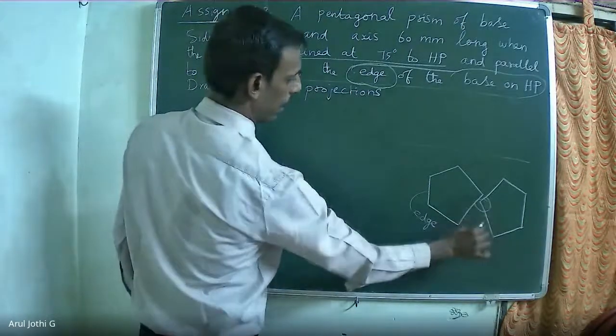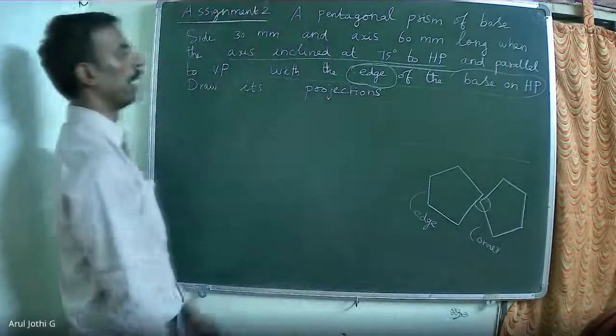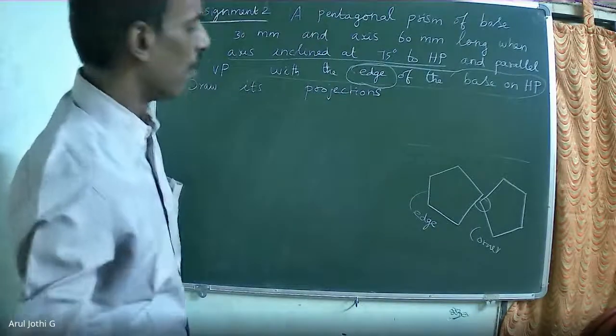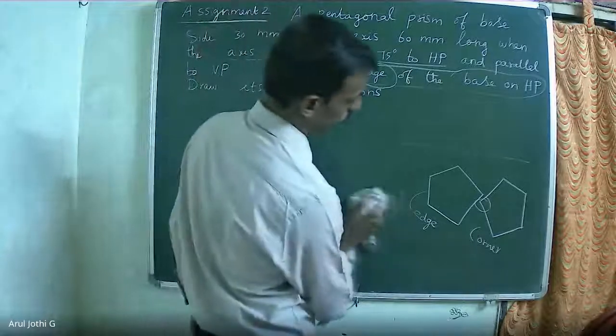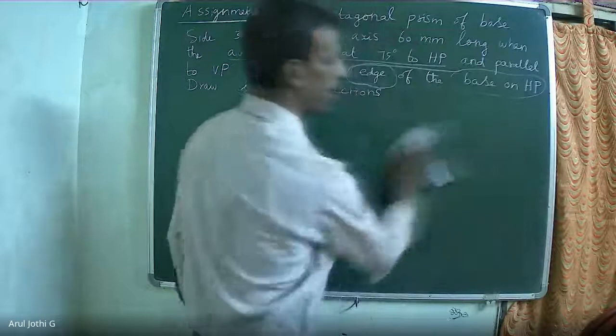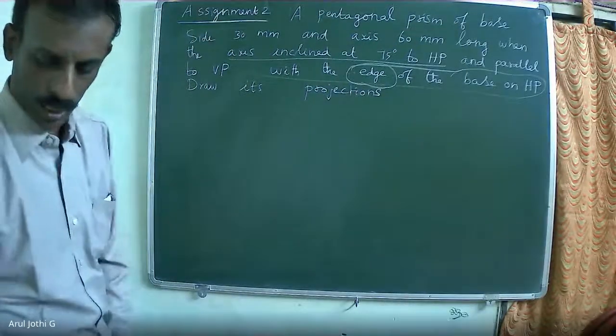In this orientation, a corner of the base will be resting on HP. Our requirement is that the edge of the base is resting on HP, so the first one is the correct orientation. One of the base sides should be perpendicular to VP, and in that orientation only you have to construct the drawing.